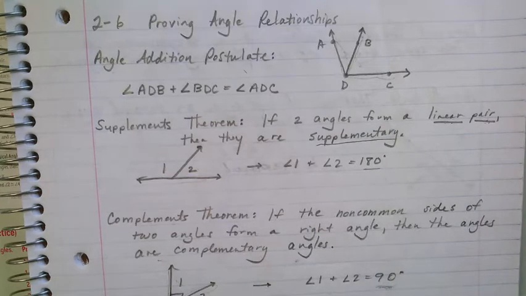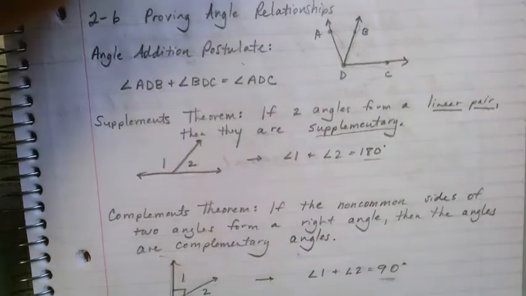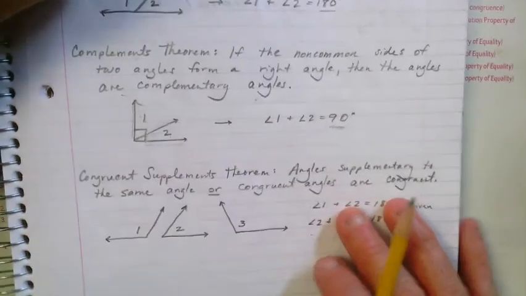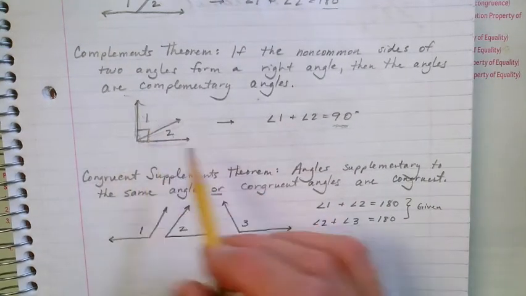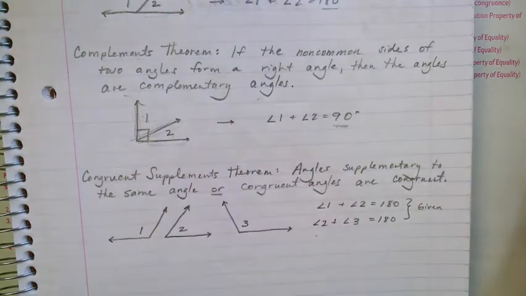So again, whenever I show you a picture like this, I expect you to be able to set up an equation like that and solve for 90 there, or solve for an angle measurement. All right, the next one, I was a little off the screen there, I'm sorry. Okay, so hopefully that made sense. Again, the non-common sides would be this one here and this one here. The common side is that one right there.